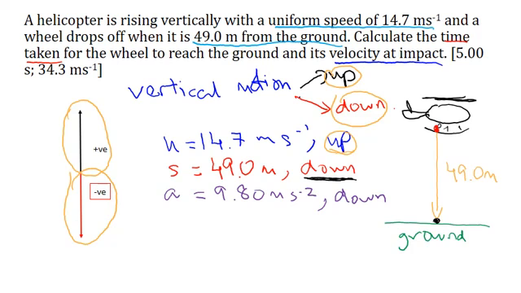Now, let us think about which equation we should be using. So let us list what information we have. We have u, the initial velocity of the wheel, 14.7 meters per second upwards.